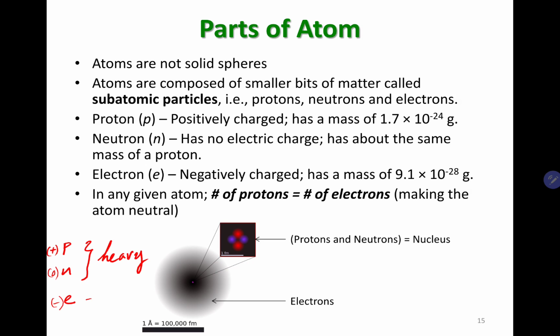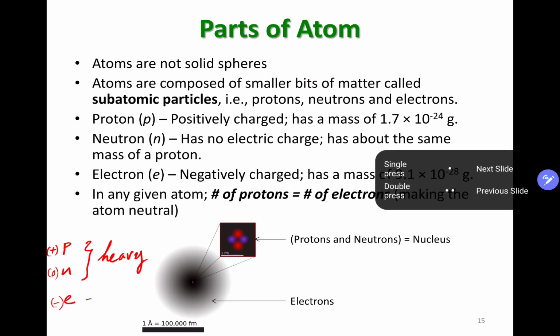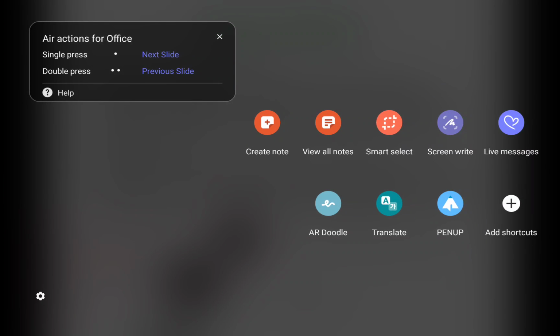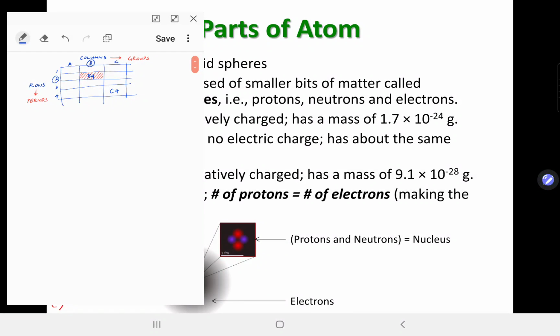So protons and neutrons are heavy and electrons are very light. Let's talk about the mass of these neutrons and protons. You might feel that since they are heavy, they should have some good mass.